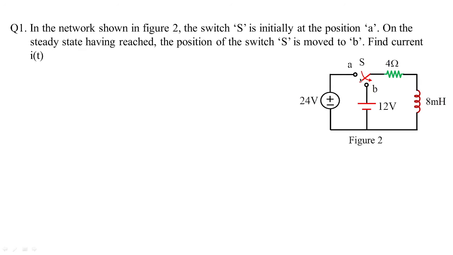We have the switch at A and 24 volts is connected to 4 ohms. So you can see that 24 V is in series with 4 ohms, and the series combination is also in series with 8 millihenries, and the steady state conditions have been reached. What do you mean by that? The inductor is connected to 24 volts where the switch position is at A.